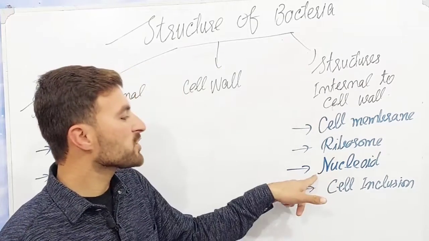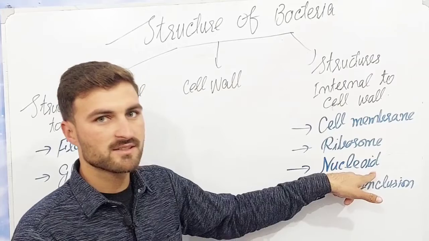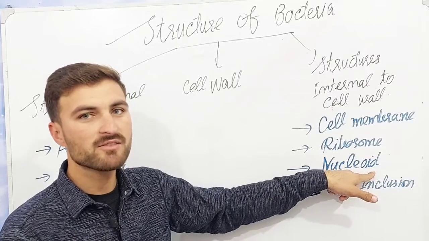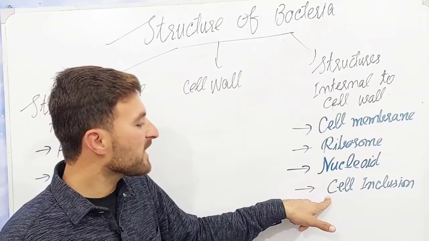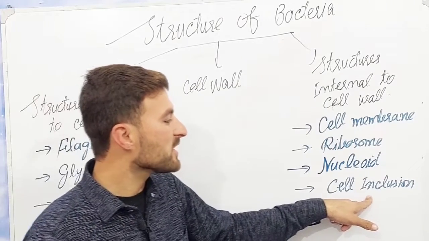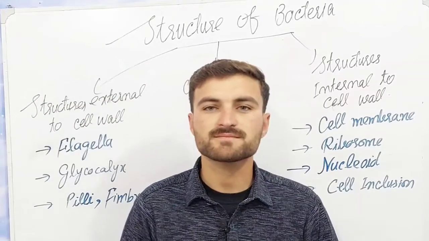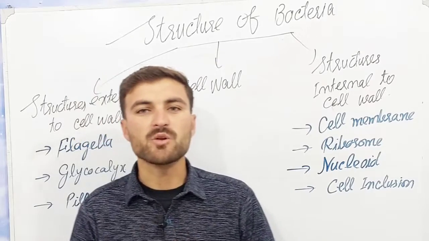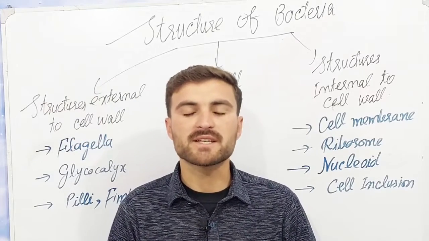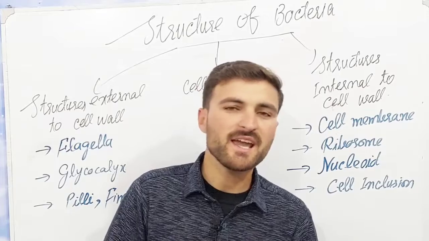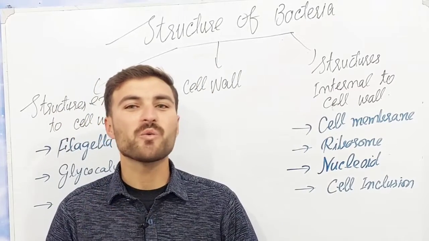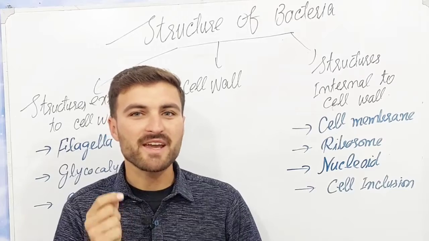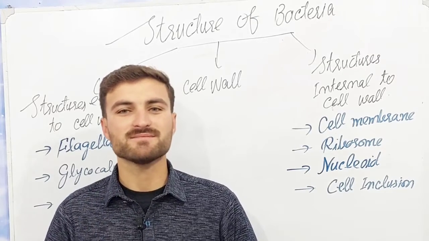After that we will proceed to the nucleoid, the genetic material of the bacterial cell, and at the last we will also discuss cell inclusions. So this is an overview of the bacterial structure, and with this we will also deal with the outer membrane which is present in gram-negative bacteria.